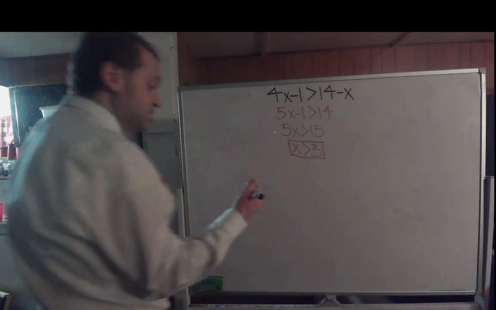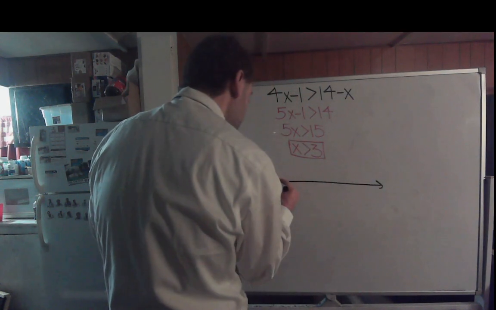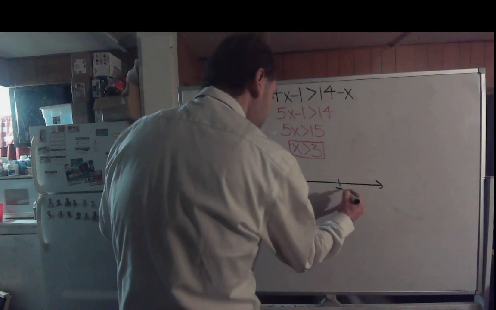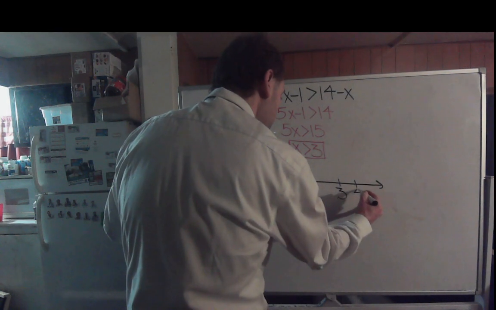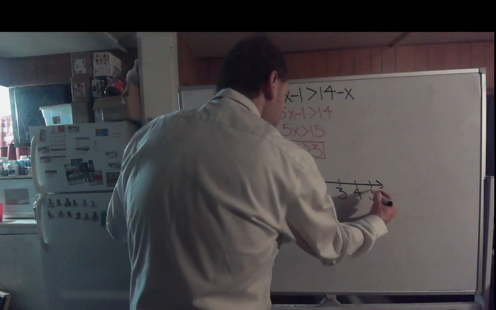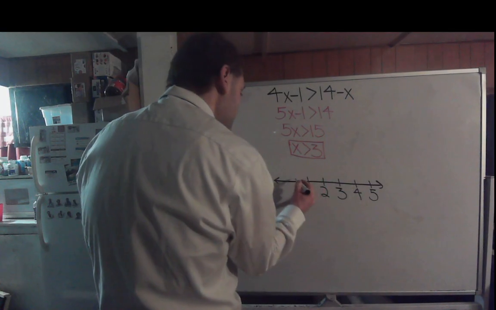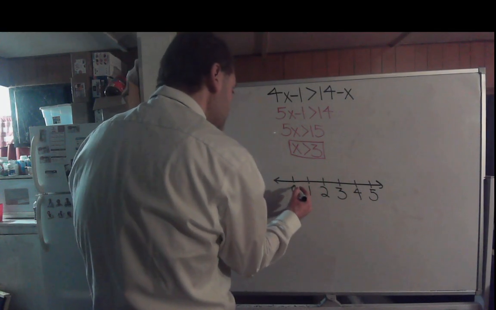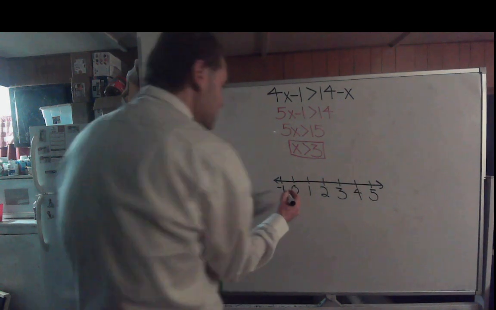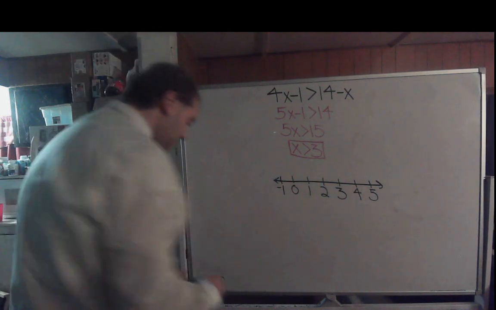Now we'll graph this on a number line. Let's put 3 here, 4, 5, here's 2, 1, 0. I'll even put negative 1 on here. Okay, there we go.